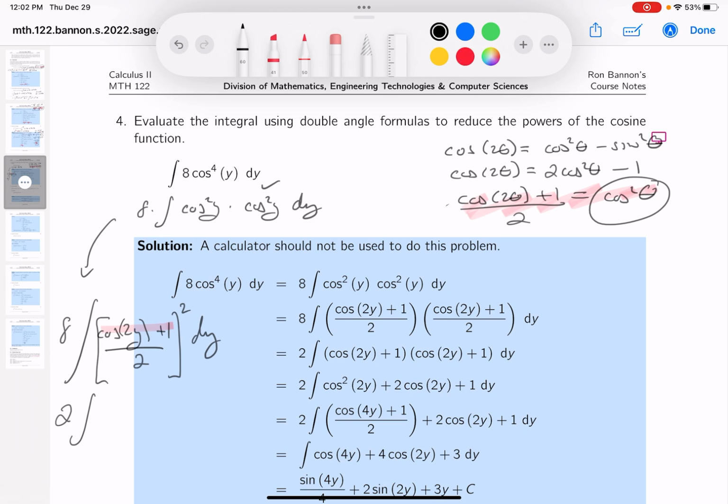You would get cosine squared 2y plus 2 cosine 2y plus 1 dy.